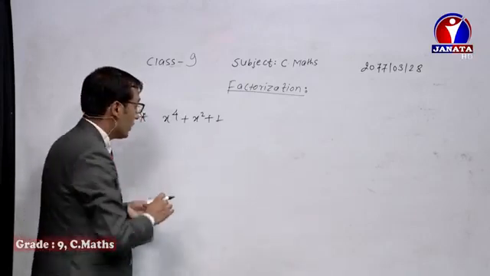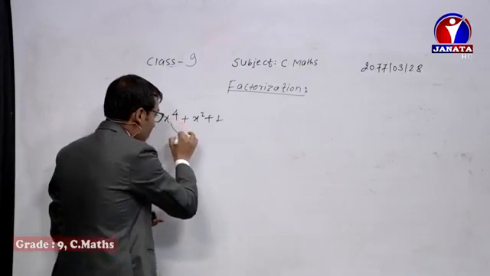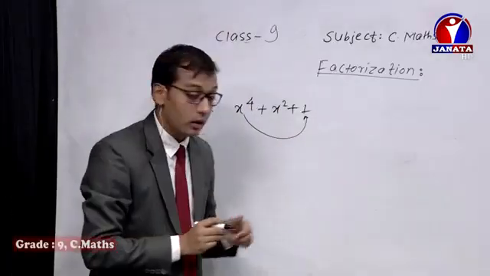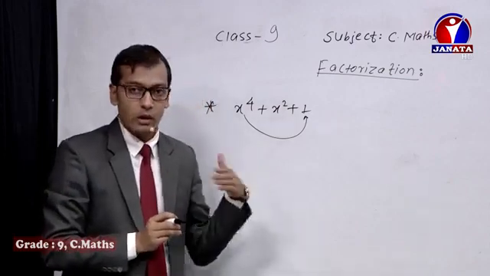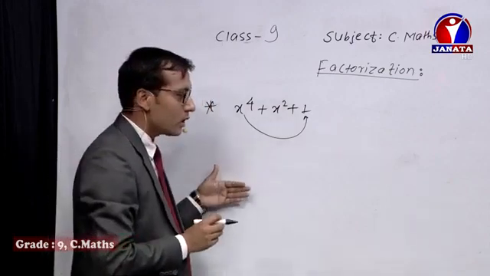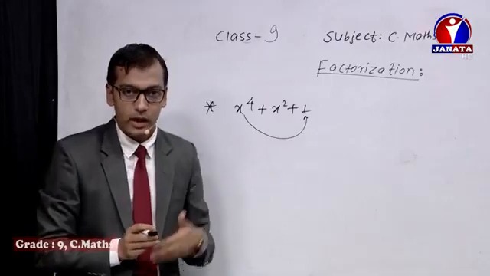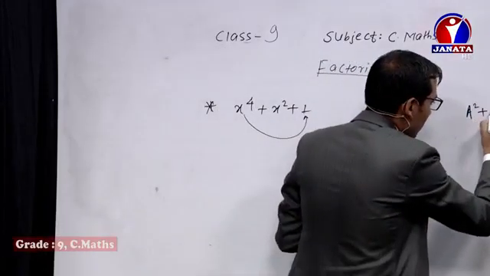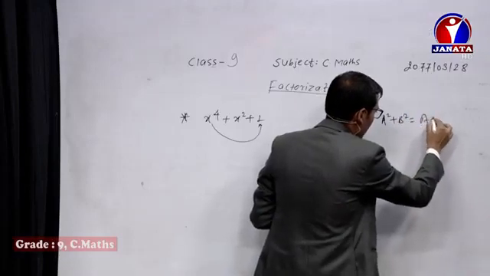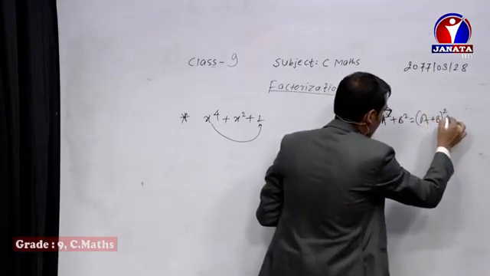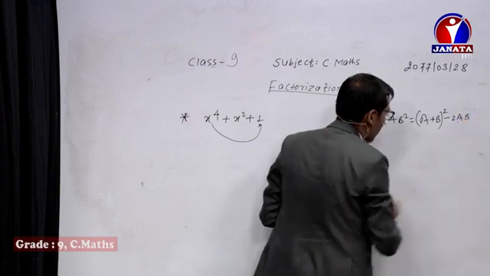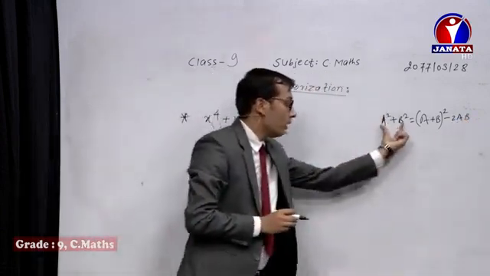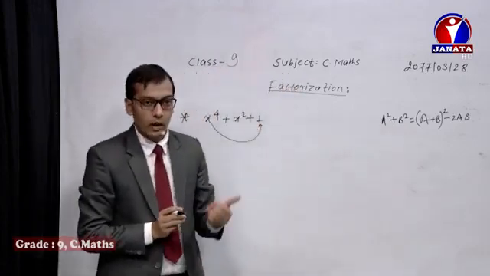Now if we take the first and third terms together, we can convert into a square plus b square form and factorize. Here a square plus b square is a plus b whole square minus twice ab. This is the expanded form of a square plus b square.